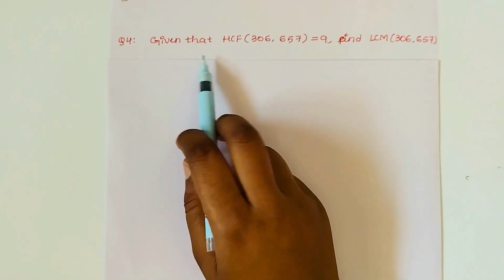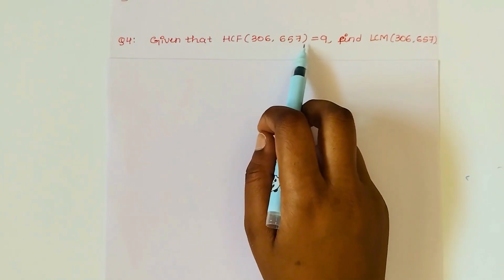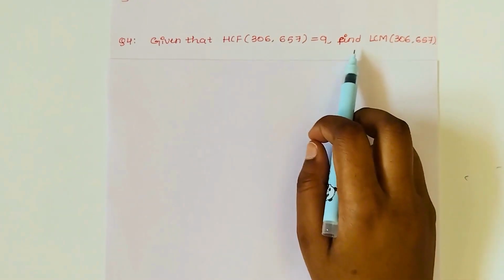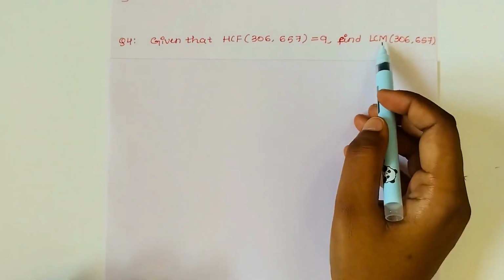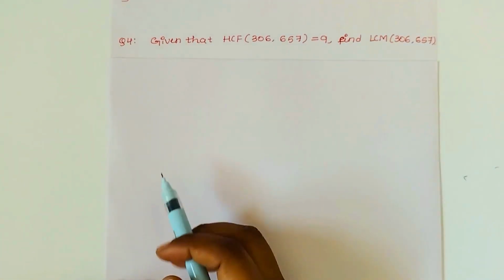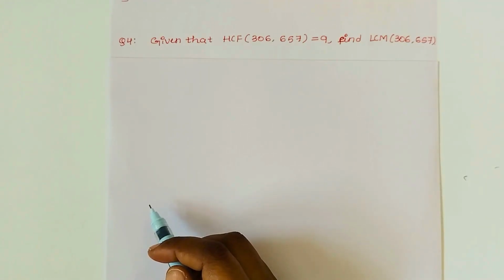Fourth one, given that HCF of 306, 657 is equal to 9, find LCM of those two numbers. Here, to get the LCM of those two numbers, we are using the relation. What is that relation? Product of HCF and LCM is equal to product of those two numbers.